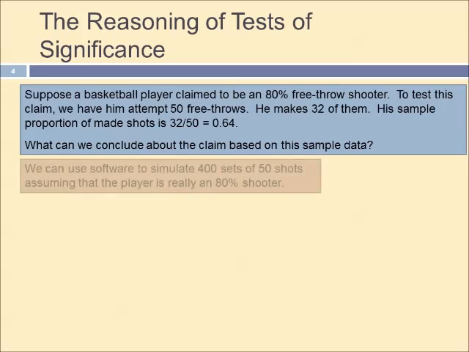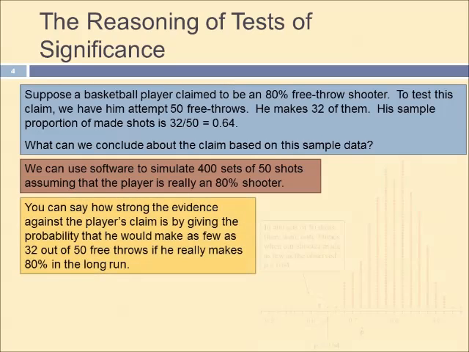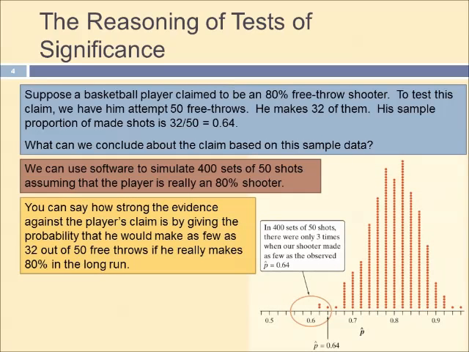It's certainly lower than 80. So, if we use software to simulate 400 sets of 50 shots, assuming that the player is really an 80% shooter, you can say how strong the evidence against a player's claim is by giving the probability that he would make as few as 32 out of 50 if he really makes 80% in the long run.